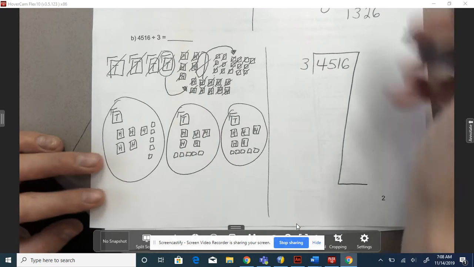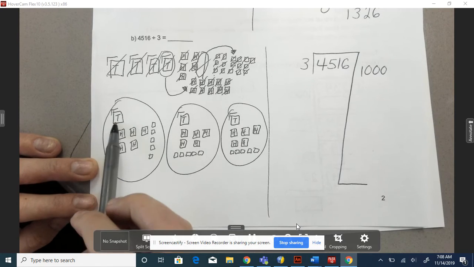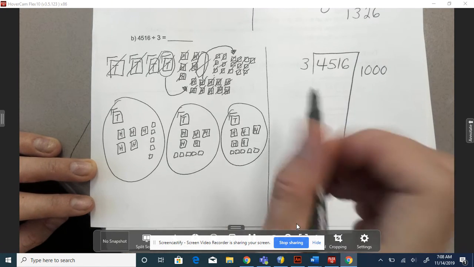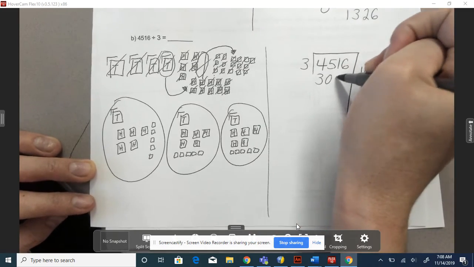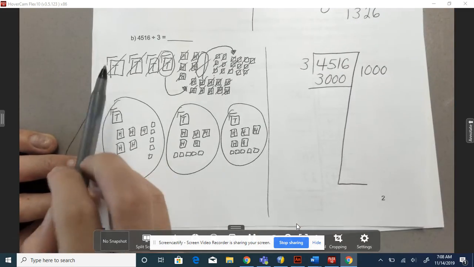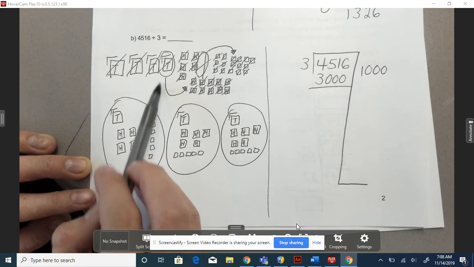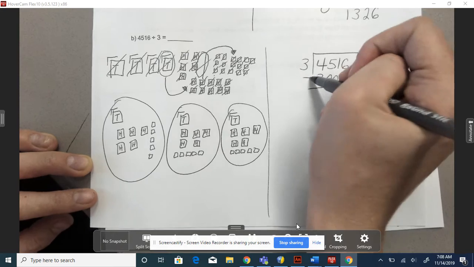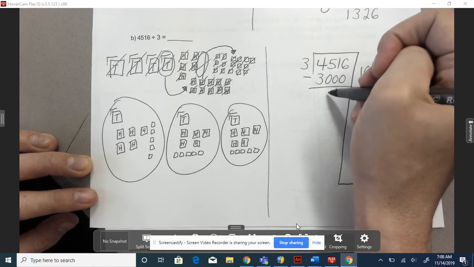So I'm going to do 3 times 1,000. Notice we put 1,000 in each group. So 3 groups times 1,000 in each group is 3,000. Interesting. We had crossed out 3,000s here and had that leftover 1,000 that we had to regroup. So 4,516 minus 3,000, let's subtract.